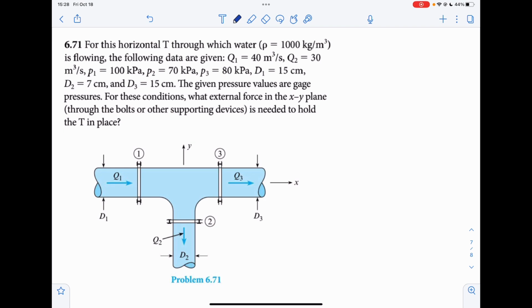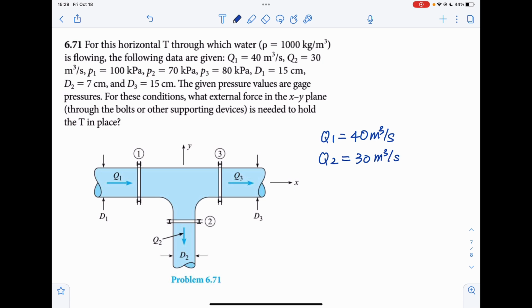For 6.71, we have a T-shape pipe. We have Q1, Q2, Q3. Q1 equals 40 cubic meter per second. Q2 equals 30 cubic meter per second.